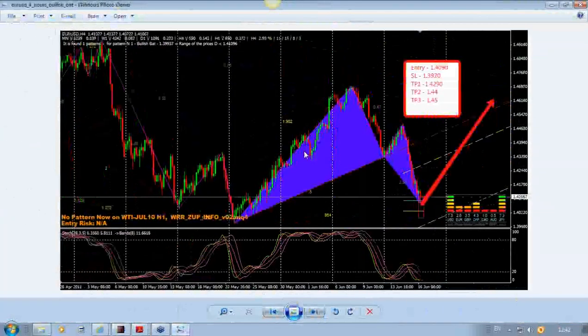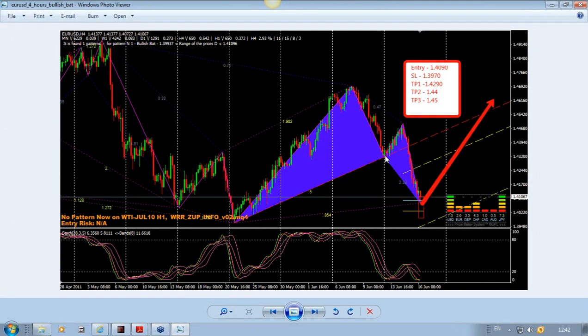Once again, why are these patterns much better? Because the stop loss is small and the profit is big, much bigger than the stop, and that's what we are looking for. That's the minus of Gartley, but that's what we are looking for: risking a small amount of pips, taking a big amount of pips.